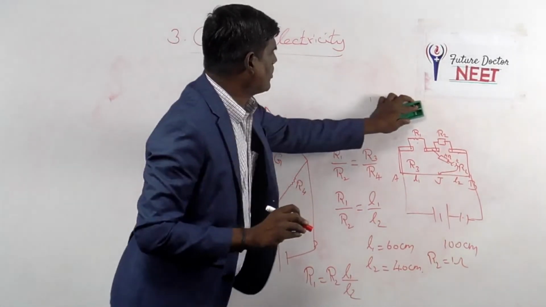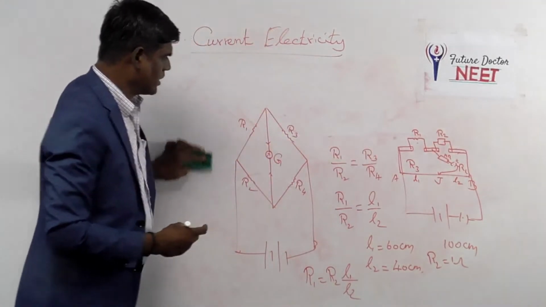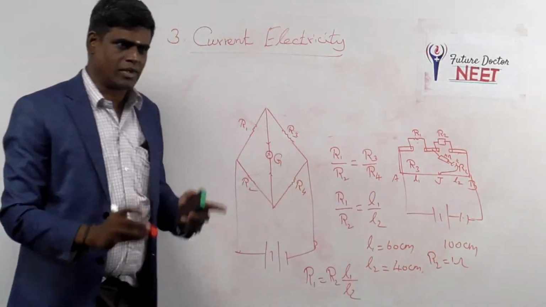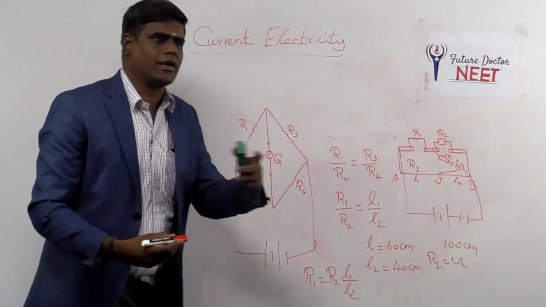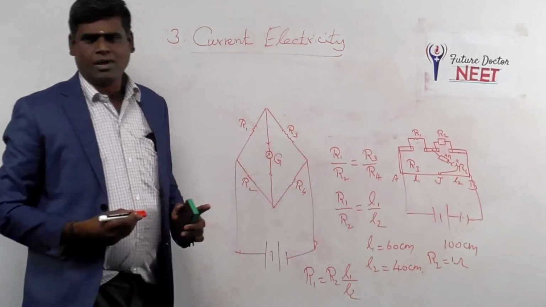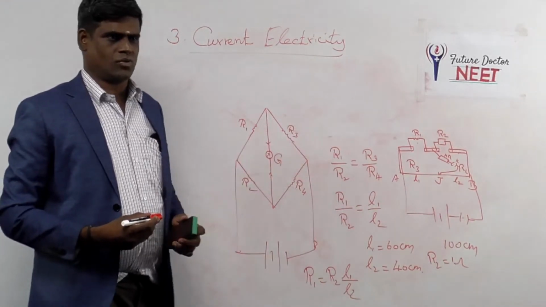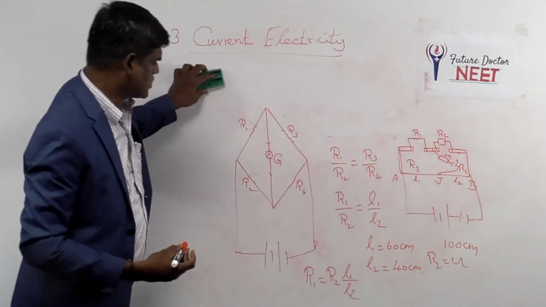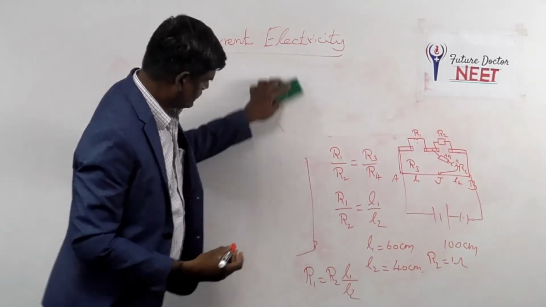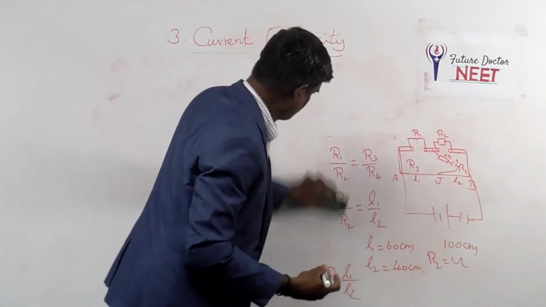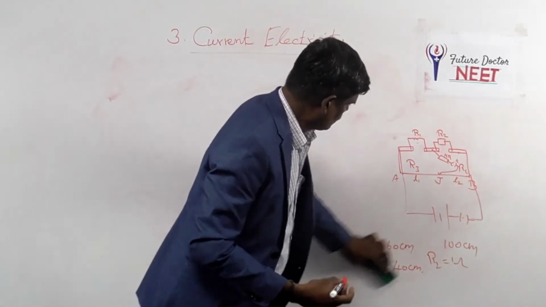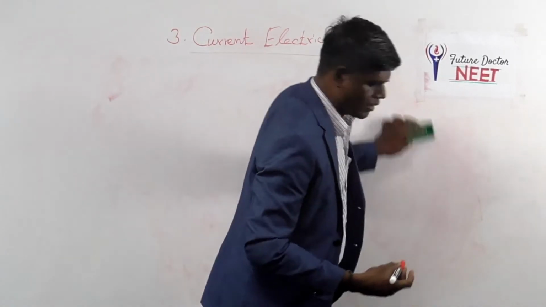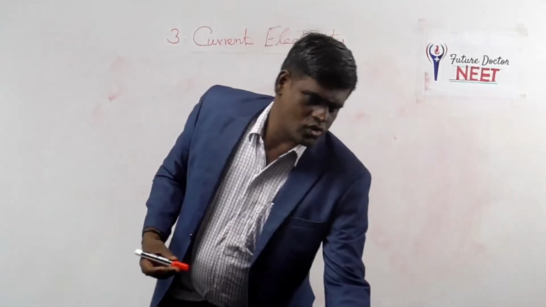And in problems later we are going to discuss, for a given resistor R2, L1 value and L2 value will be given in an indirect way, and you want to find the resistance of the unknown material. So that is the application, or in problems we will discuss. Next, potentiometer.